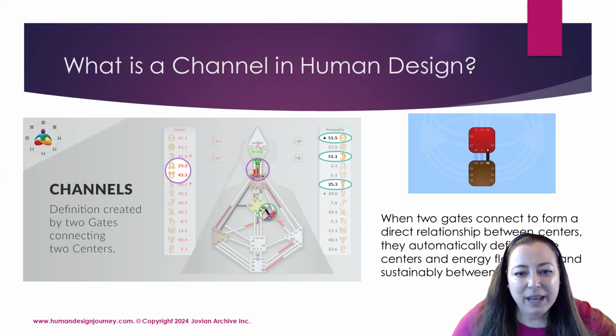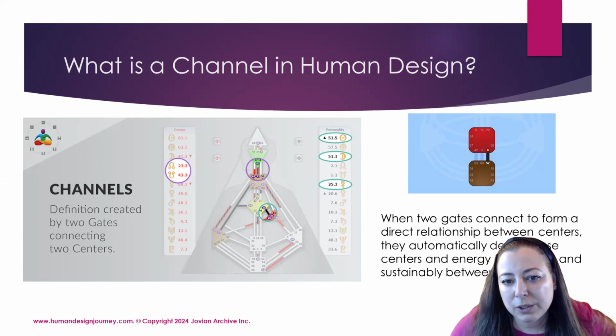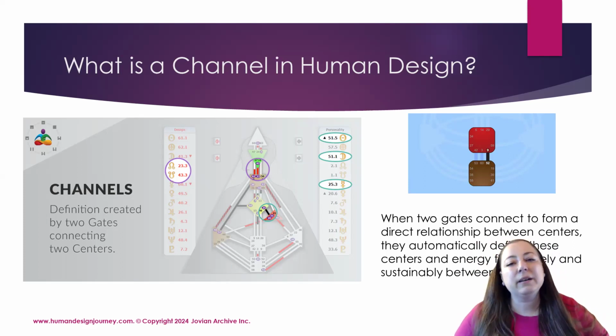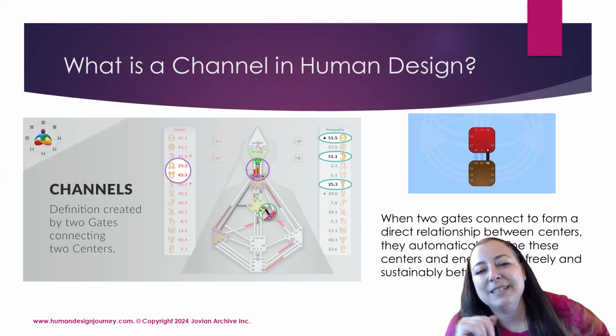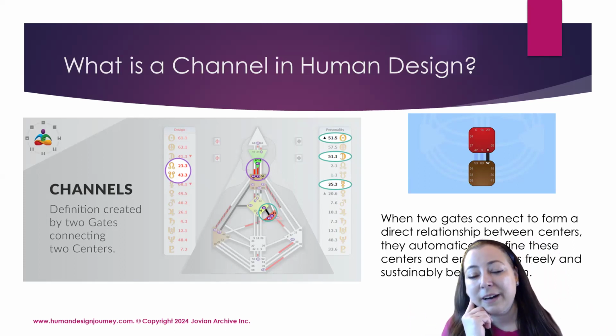Because look at it. When we look at the circuitry, there are 64 gates. Each has behind the dot, you see here 51.5, 6 lines. Behind those lines, there are 6 colors, bases, tones. The bases are 5, and the others are each 6.